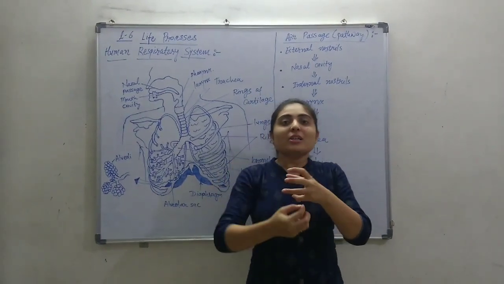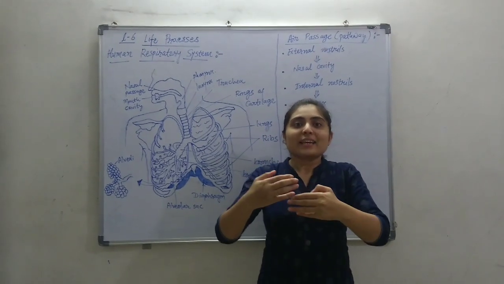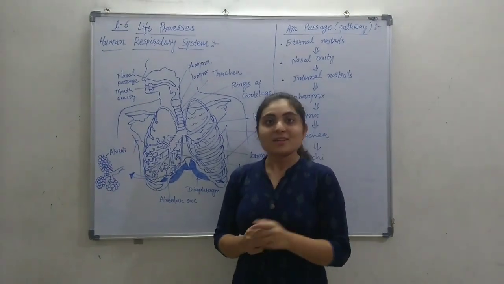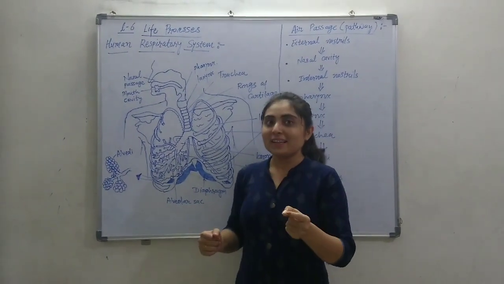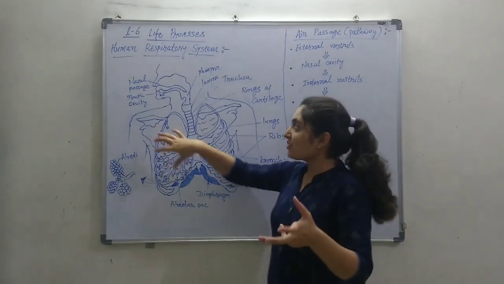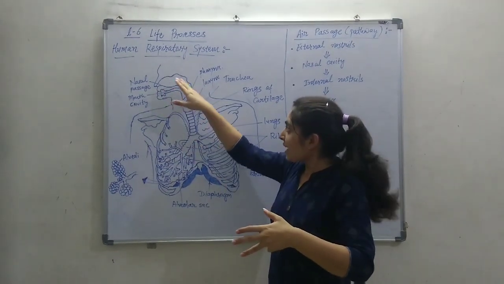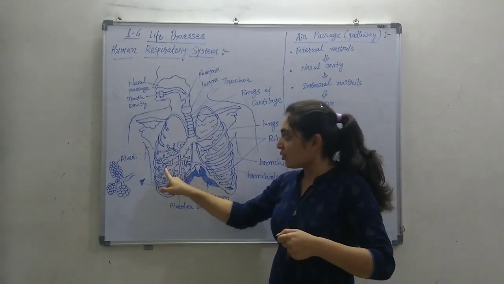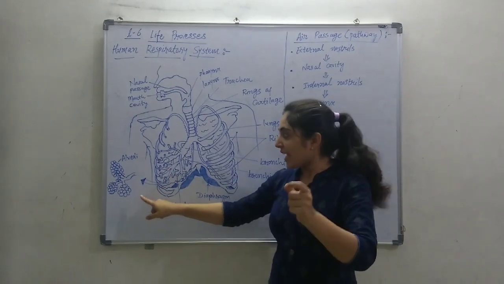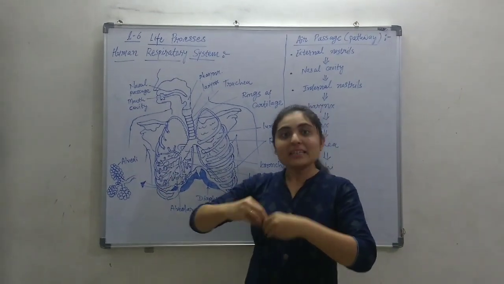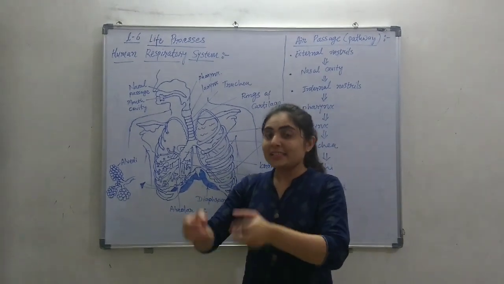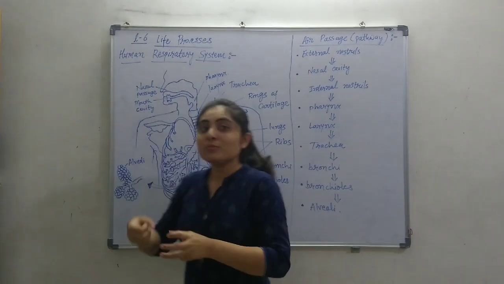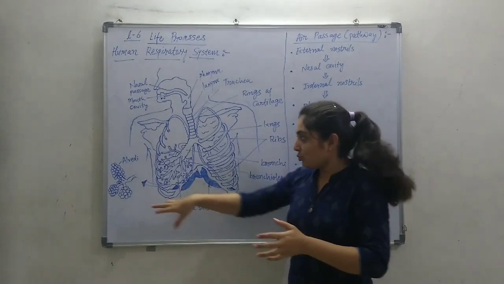As the blood passes through, the gaseous exchange occurs at the alveolar sacs. So understand it clearly. When we inhale, the oxygen enters with the air through the nasal cavity, pharynx, larynx, trachea, bronchi, bronchioles, and reaches the alveoli. At the alveoli, the air gives oxygen to the blood, and remember, carbon dioxide is taken from the blood into the air.